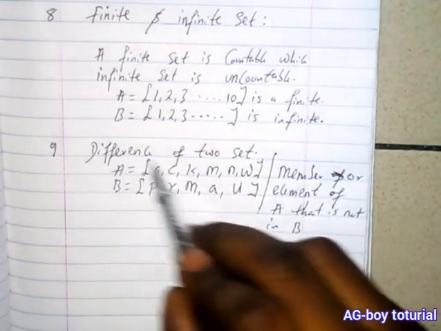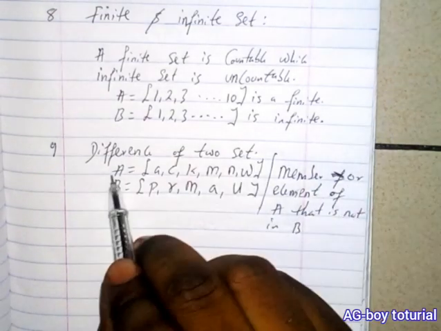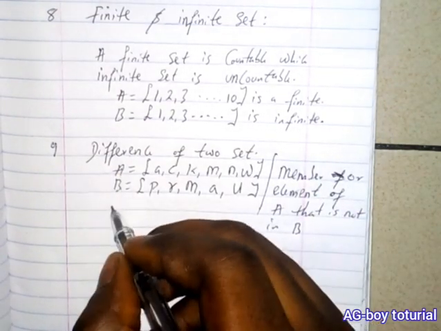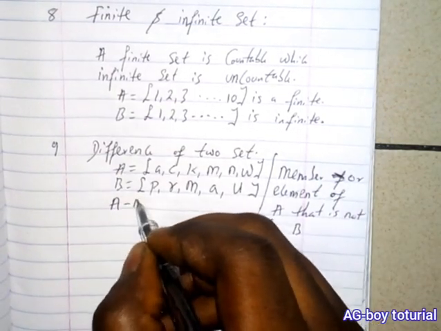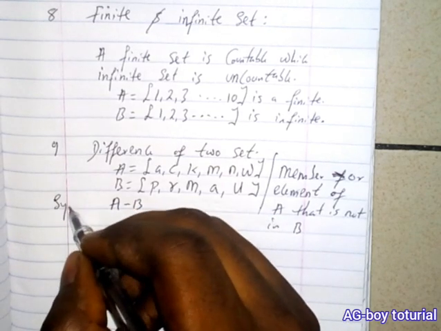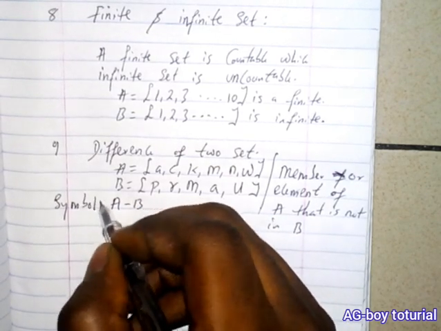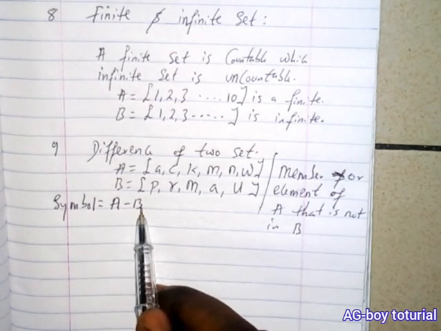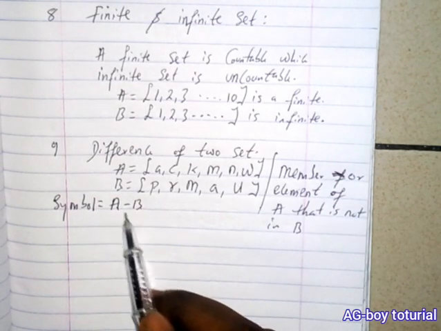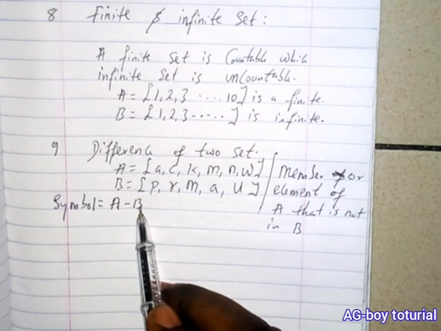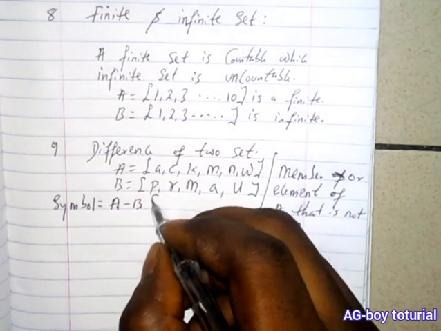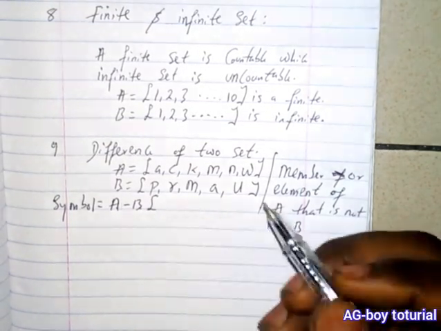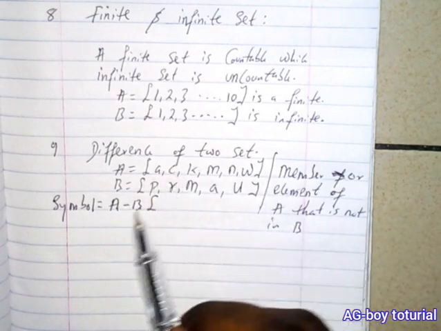That's the definition for difference between two sets. Members of this that are not in this, and this is a symbol. Members of A that are not in B. And what are those members that are in A that are not in B?